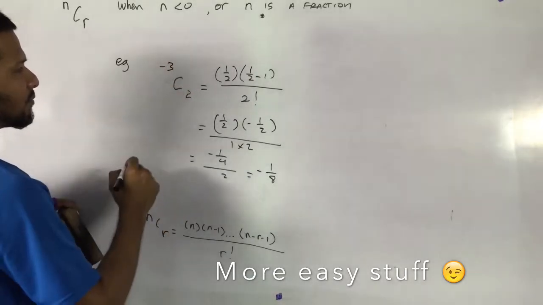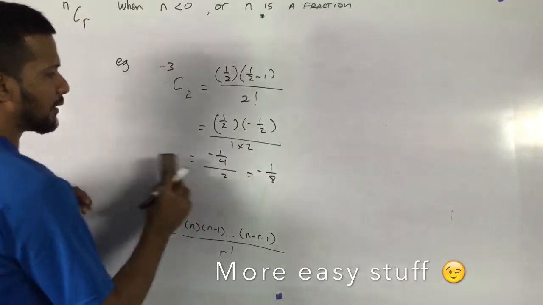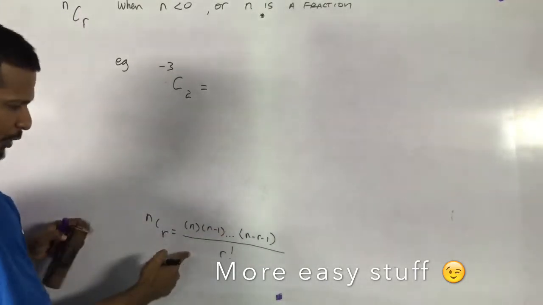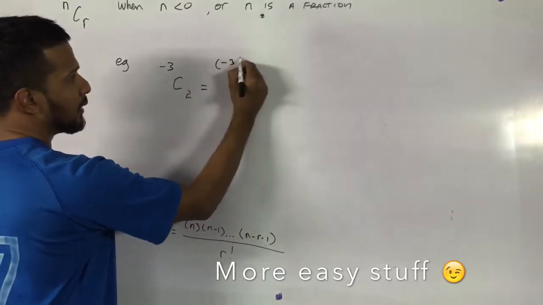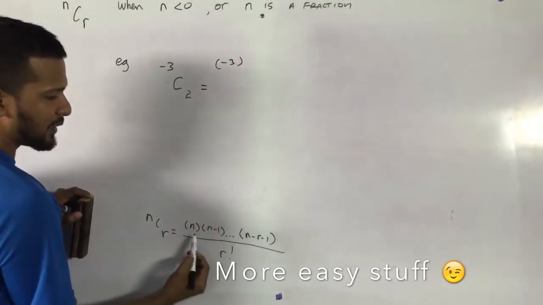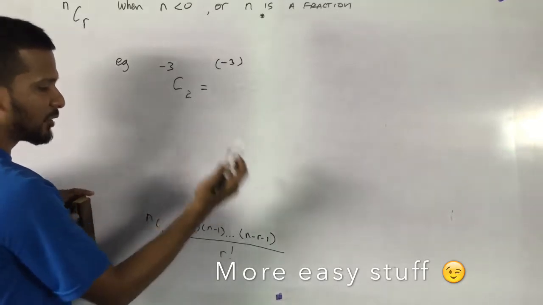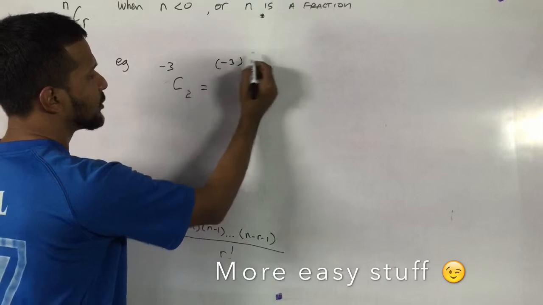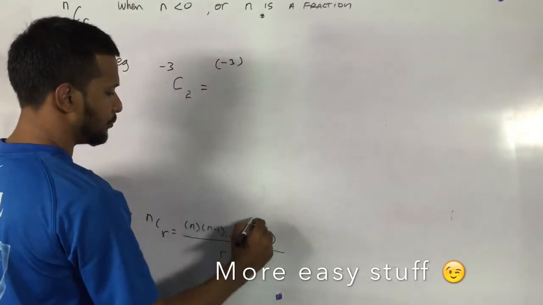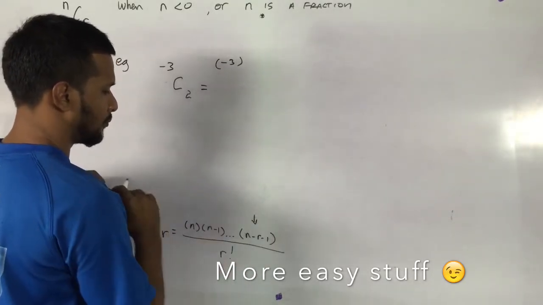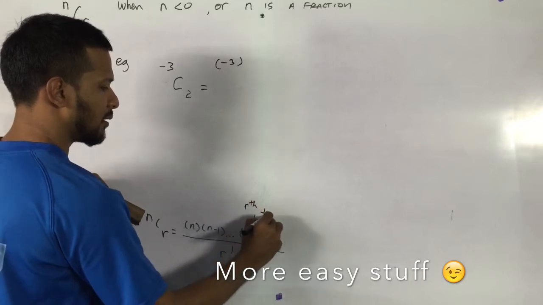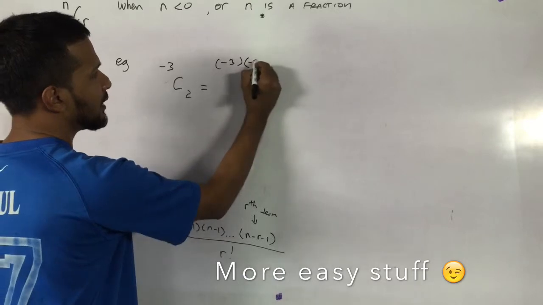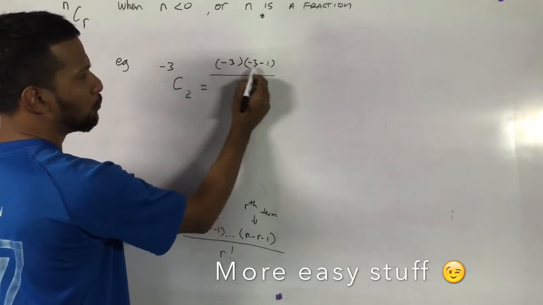Let's do a next example where it's negative. So negative 3. Right? Follow this? Let's do negative 3 now. So we follow the rule. Always remember, if it has a 2 here, it means you're going 2 terms. If it has a 3, you're going 3 terms. Okay? So it will be negative 3 by negative 3 minus 1. We're doing 2 products.